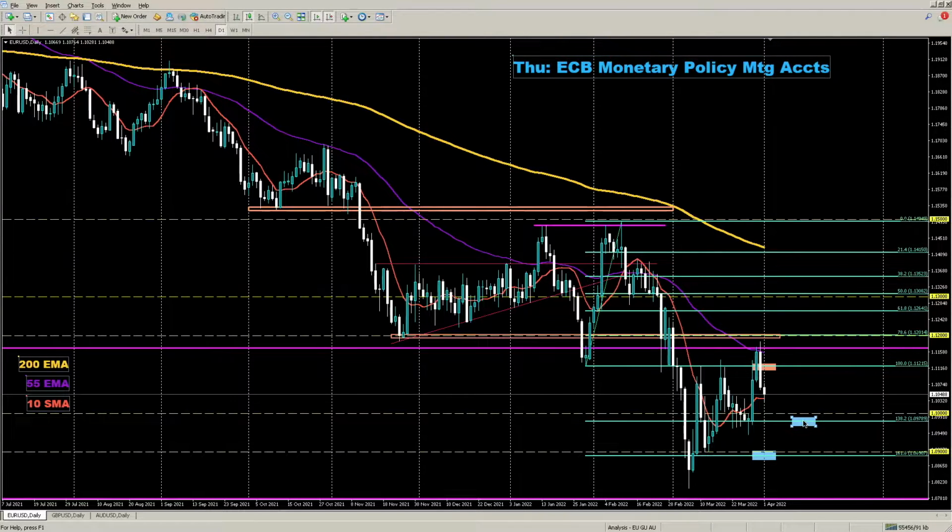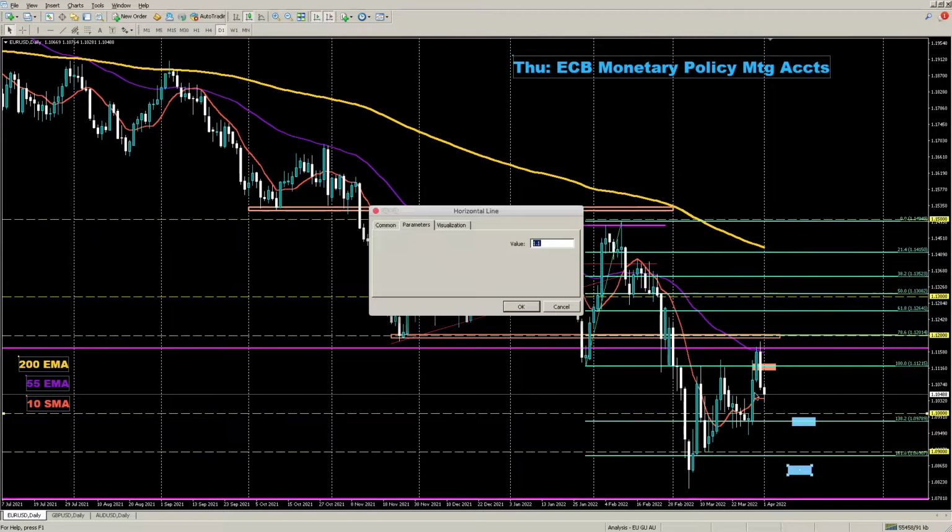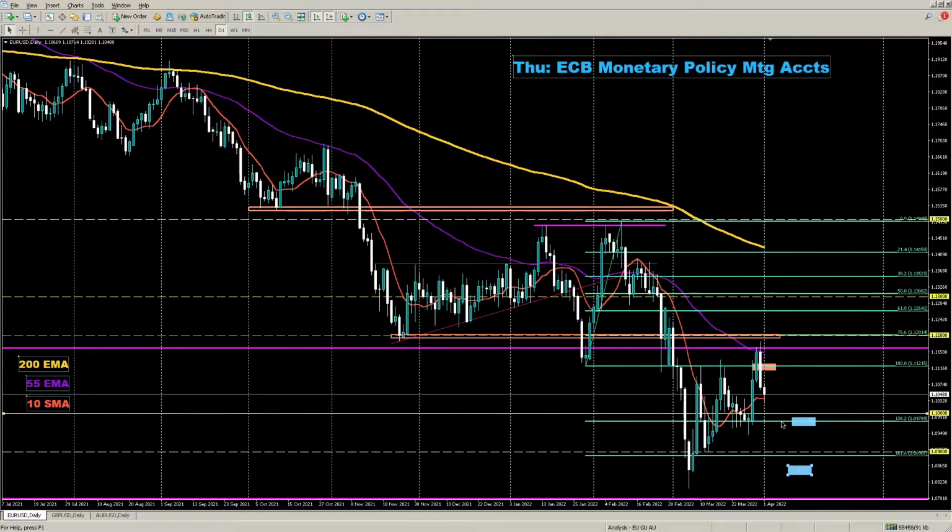So this is still a valid support at the 138 fib, and I think we can remove this support zone at the 109.00. So this one here at the 110, let's make it a solid line.